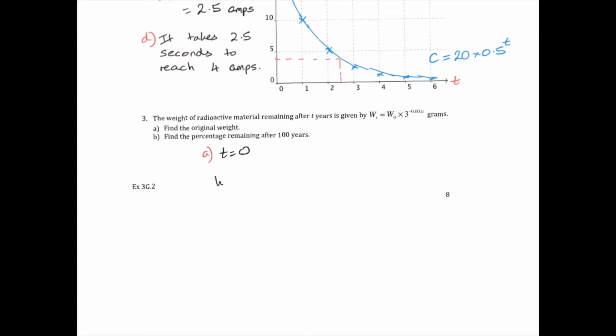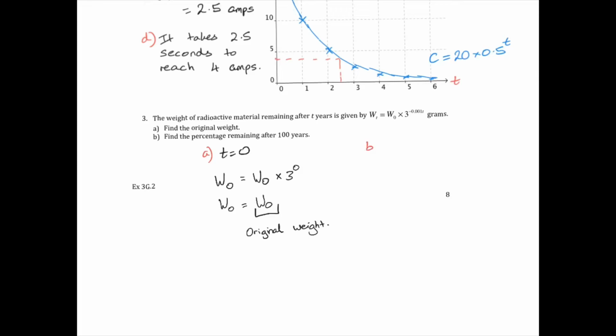So we would say W0 equals, well, just W0 times 3 to the negative 0.001 times 0, which is just 3 to the 0. So I get W0 equals W0, because 3 to the 0 is 1. Now that was a little bit of a trick question. It should have said find an expression for the original weight. In other words, W0 is the original weight.